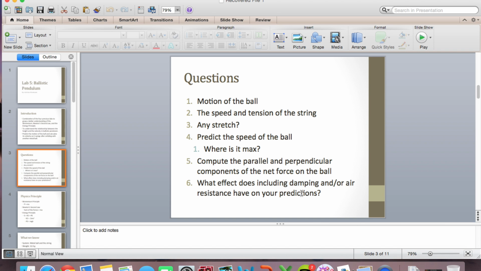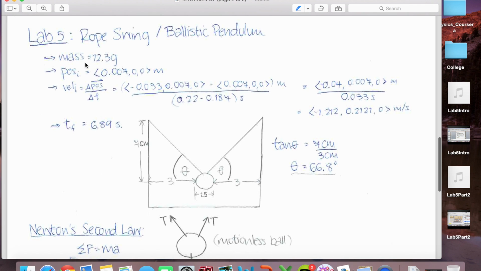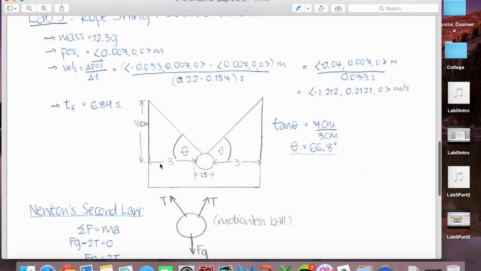For the question, the string did not stretch at all, as you can see earlier, and the speed and the tension of the string we can calculate from here. We know the mass of the ball, its initial position, and its initial velocity. We also know the measurements of the object: 7 centimeters right here, 3 centimeters right here, and we can use arctangent to get the angle.